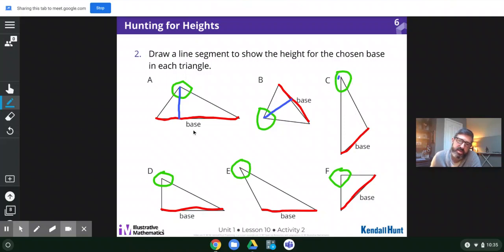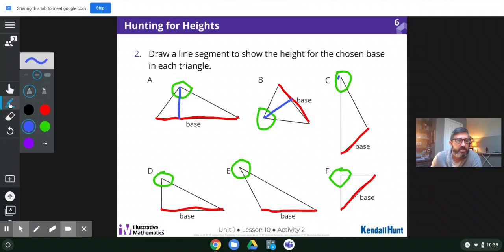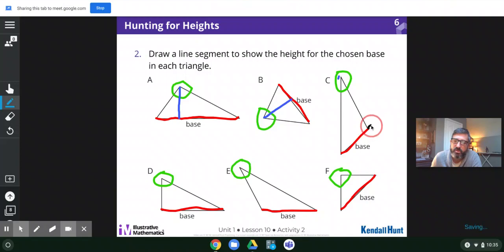I think in this instance it would not fall directly above the base, but it's hard to tell right now using the computer. If we were to use an index card, we would see that it does not fall directly above the base. So what do we do? We draw our imaginary line out until it does.